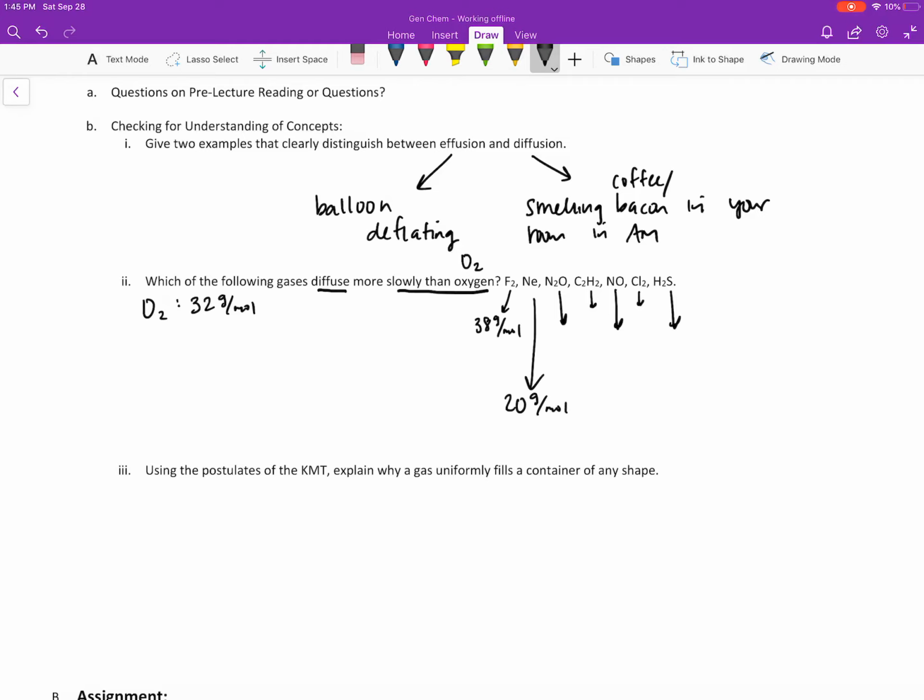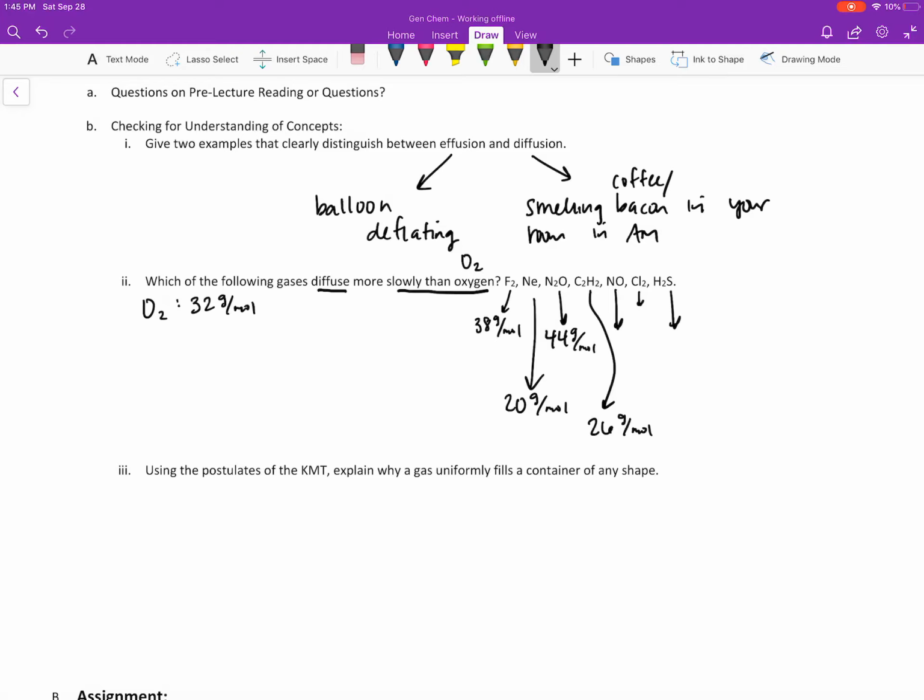When we have dinitrogen monoxide, this is going to be 14 times 2 for the nitrogen plus the 16 for the oxygen, and this is 44 grams per mole. My acetylene, 12 times 2 plus 2 is 26 grams per mole.